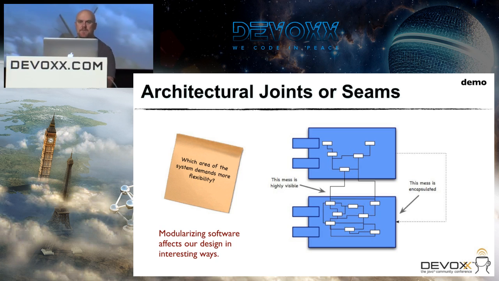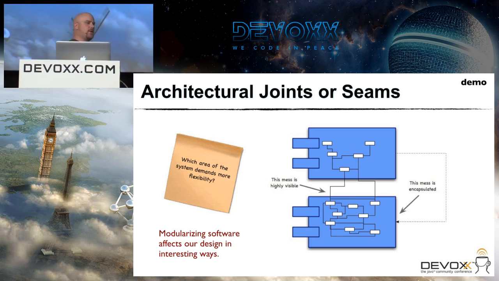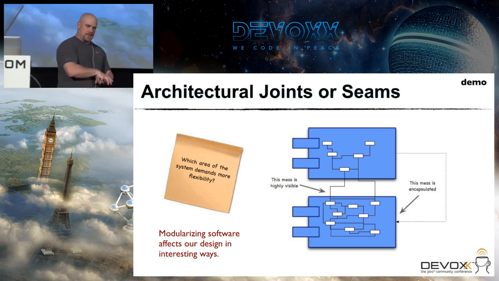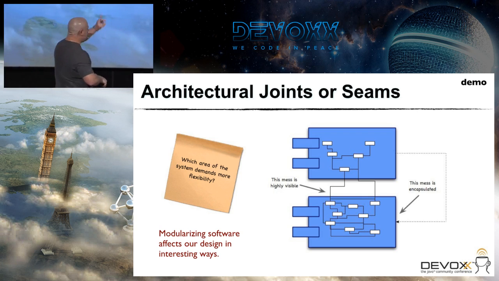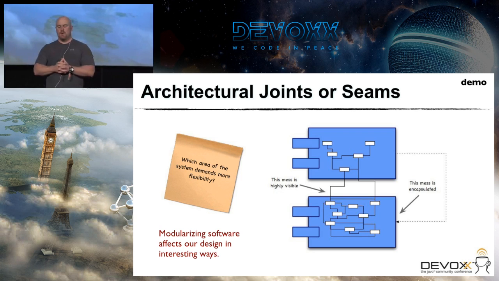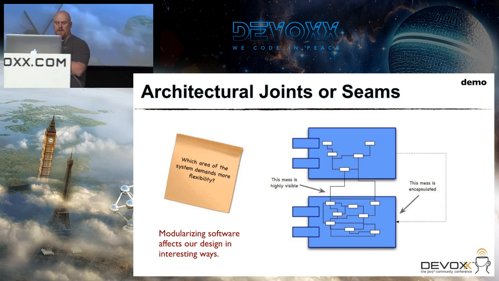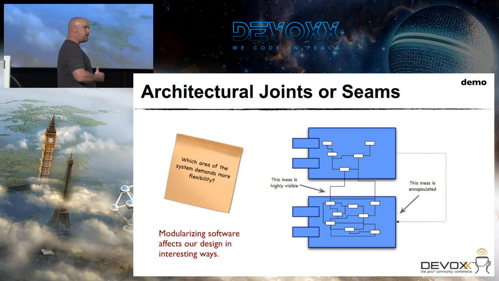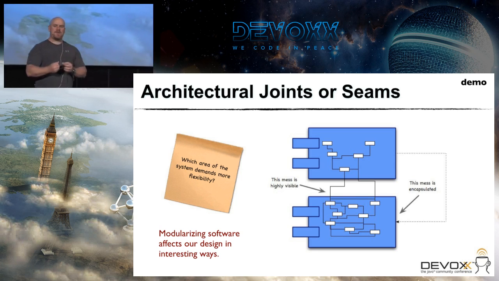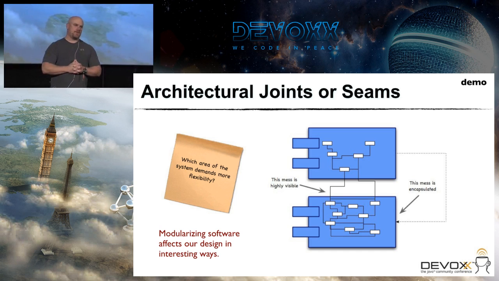The design is encapsulated, the logic is encapsulated, and change can be encapsulated. It's the seams in my system where I really need to focus my flexibility. And as I do that, what I quickly discover is that it affects my design in interesting ways.